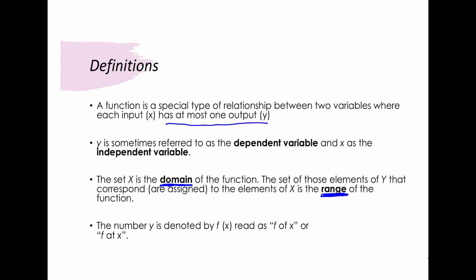When we designate a type of relationship as a function relationship, one way that we symbolize that and show whoever's interacting with that function that this is not just a regular relationship, a regular relation, but rather a function relation, is that instead of the variable y, we will substitute f parentheses x, which reads f of x.